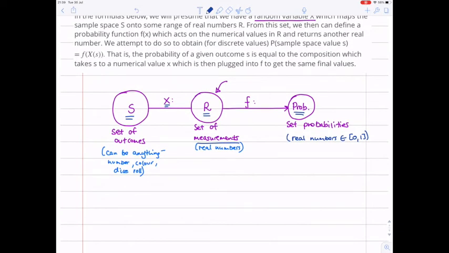So an example: at the moment, a friend of mine just had a baby, and one of the things the doctors do is they measure the weight of the baby, and then they'll figure out the probability of a baby of that age having that particular weight.